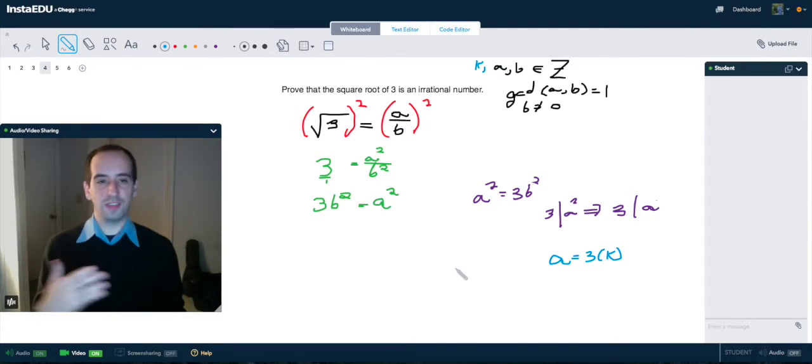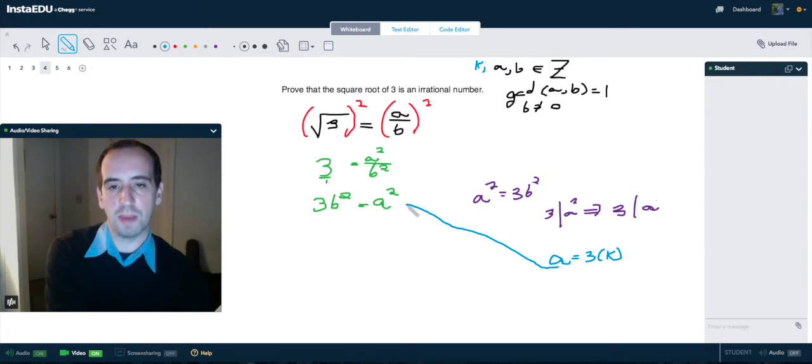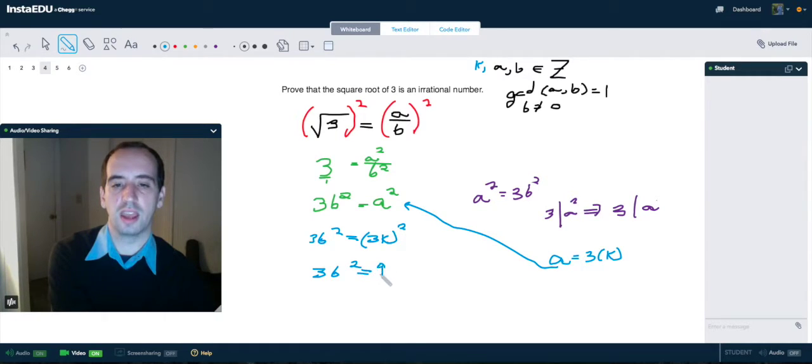All right, so if that's true, then we can take this a and plug it right back into the a squared. And if we do that, we get 3b squared equals 3k squared, or rather 3b squared equals 9k squared.